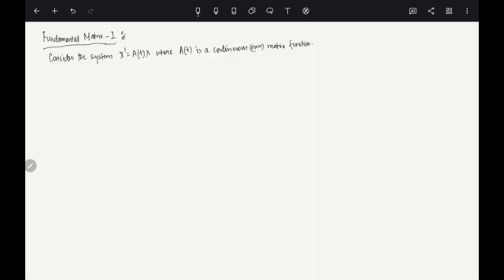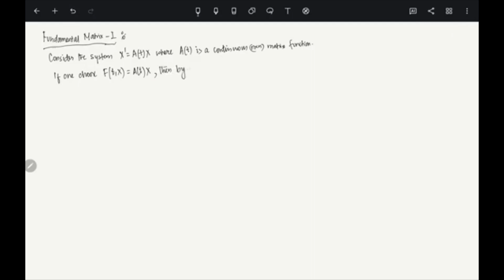Now, if one chooses f(t, x) to be A(t) times x, since A is continuous with respect to t, and f(t, x) with respect to just the second variable x is C1, we can use Picard's theorem, which we talked about in the earlier video.